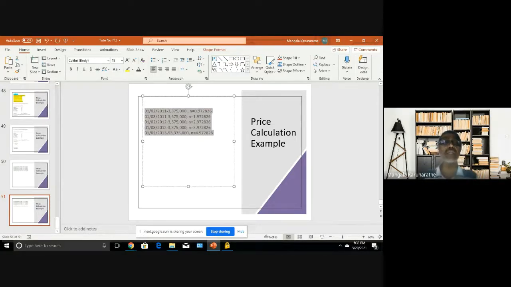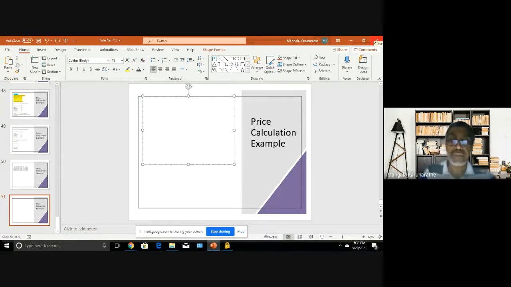Now I will skip a few steps here for the benefit of those who have calculated at home. Suppose you have got this net present value, how do you calculate the dirty price? This is the dirty price for 100, right? We are calculating like that.